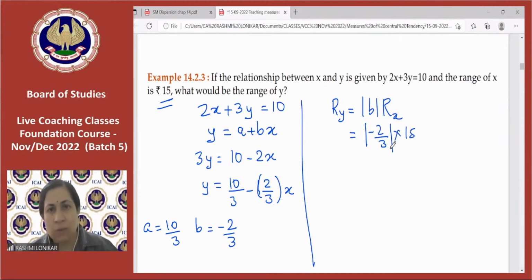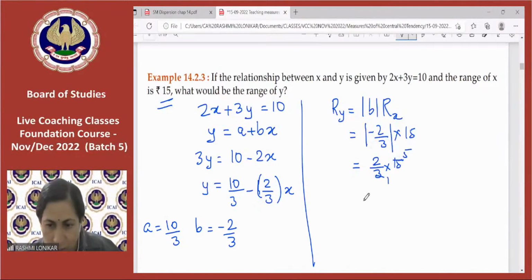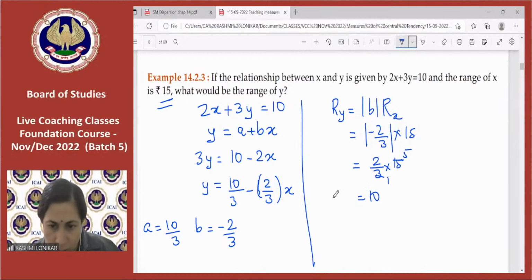What does mod mean? It means you don't have to consider the sign, minus or plus; you take it only as plus. So this is equal to 2 upon 3 into 15. 3 fives are 15, so this is equal to 10. R of y is equal to 10.